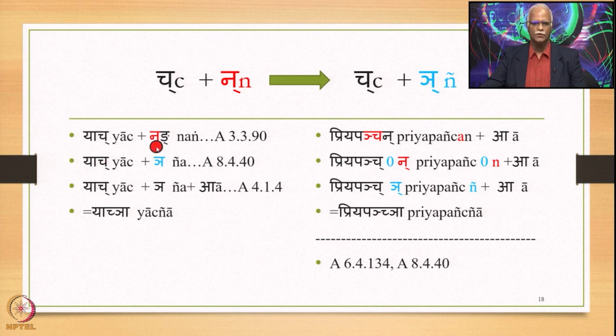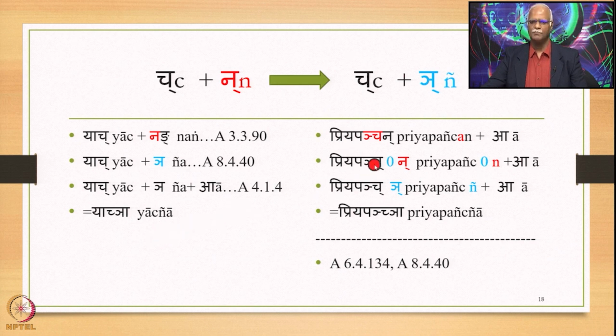So this stu is substituted by shchu, and the correspondence relation yatha sankhya nyaya comes into play, and na, which is the fifth sound in ta varga, is replaced by the fifth sound in cha varga. So we have yach plus ya, and then we add the feminine suffix to it and we get the word yachiya.